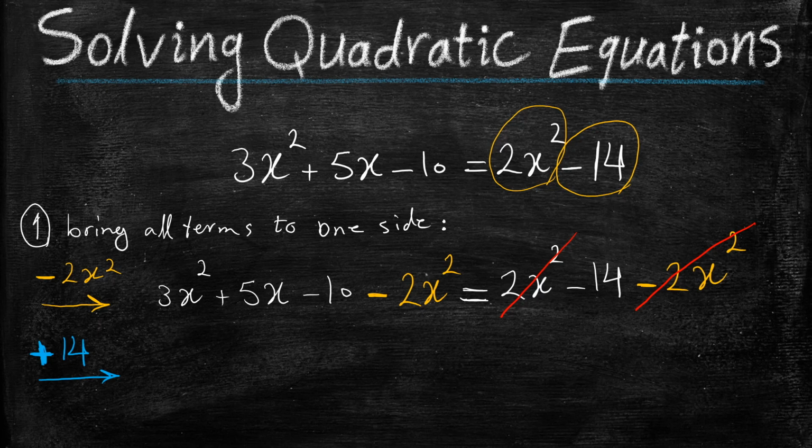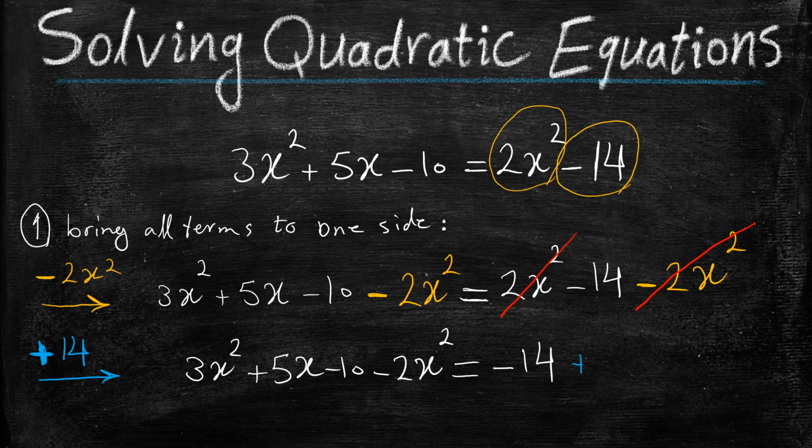So again, I write 3x squared plus 5x minus 10, and then I have minus 2x squared from the previous step, equals negative 14. We forgot to add 14 to the left hand side, so positive 14, and then equals negative 14, and then also adding it to the right hand side.